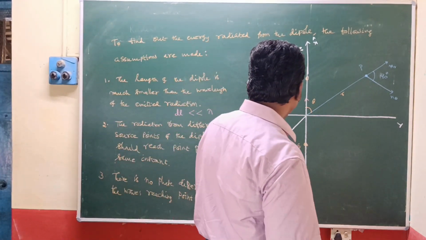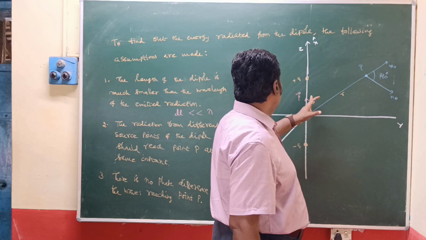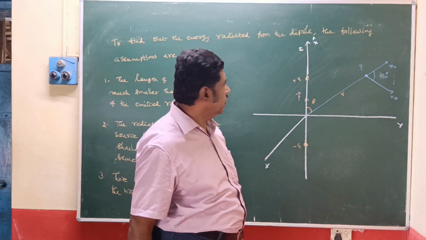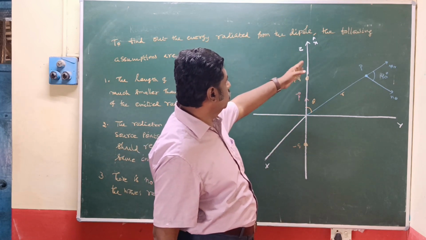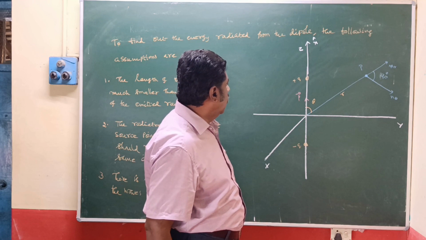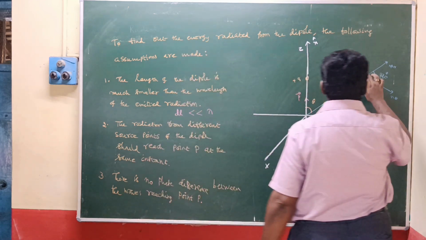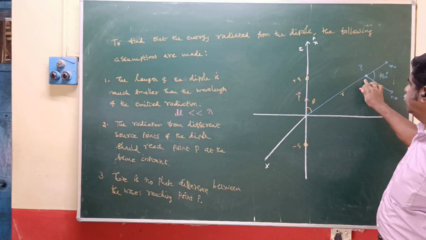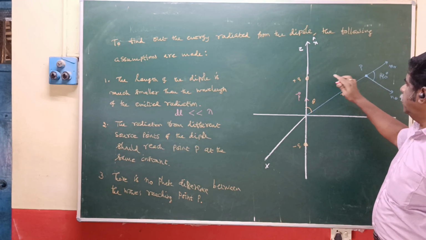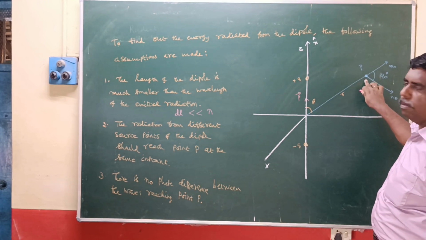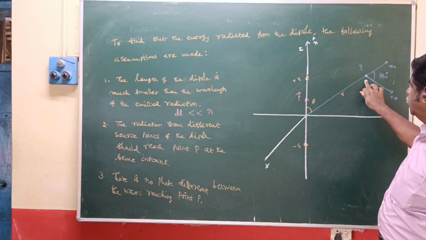See here, along the z direction, the dipole moment is oriented. The unit vector is also present along the direction of z. If you consider a point P, an observer is present at this point P. For the observer, the radiation coming out of different sources is reaching that point at the same instant of time.